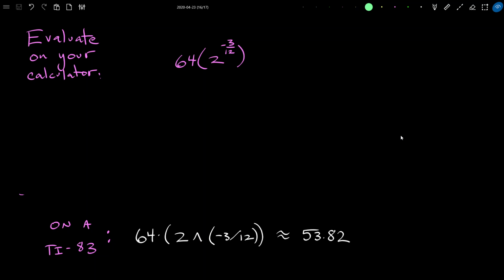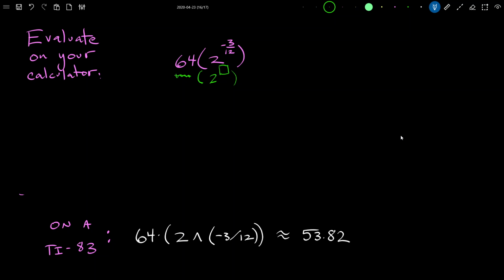If you had a TI-84, I'm going to assume that you would just type it in exactly like this, where you would type in 64 parentheses 2, and then when you hit the power button, it's immediately going to put it up here, and then when you're in the power spot, you would go to the fraction button, and then that would allow you to type in the exact fraction, and it would come out exactly how it appears there, and so you know you're doing it correctly. But on different calculators, you don't always.